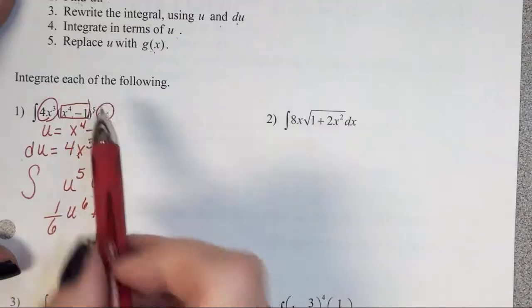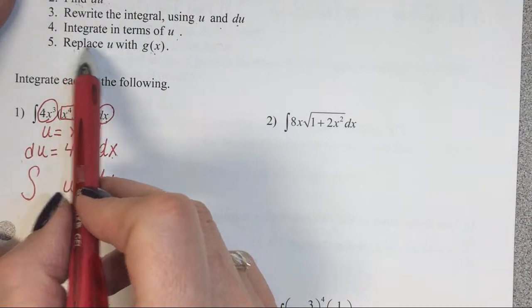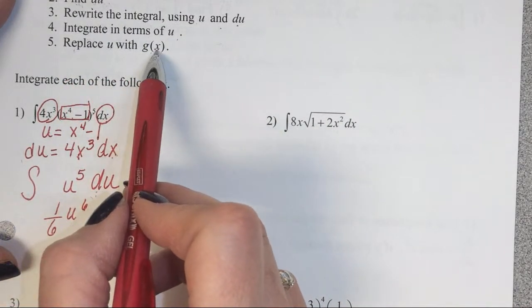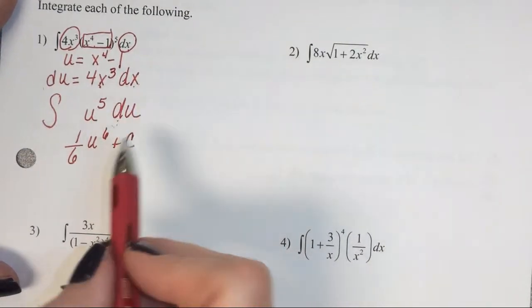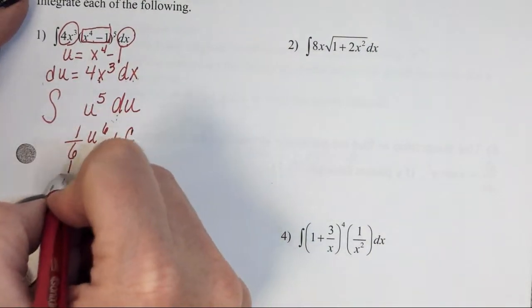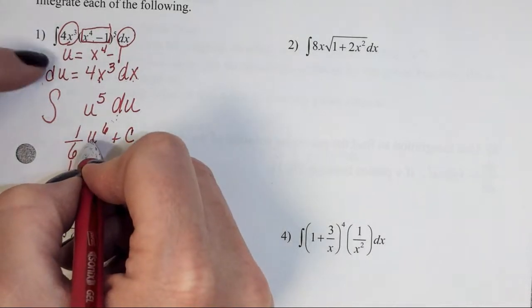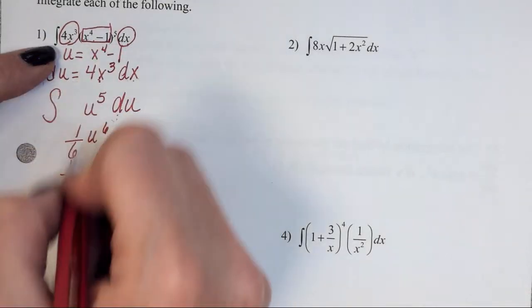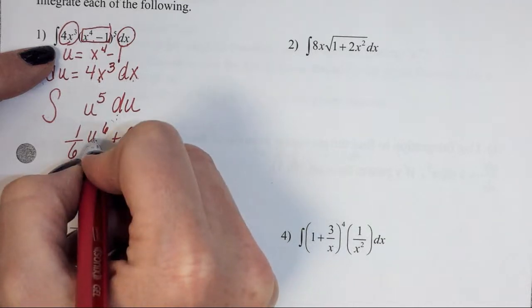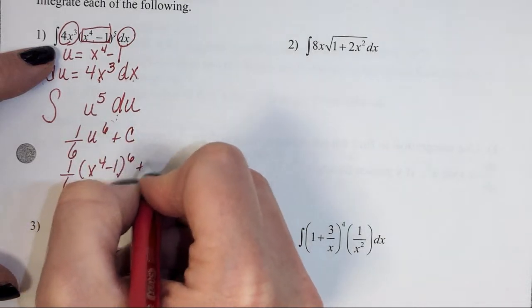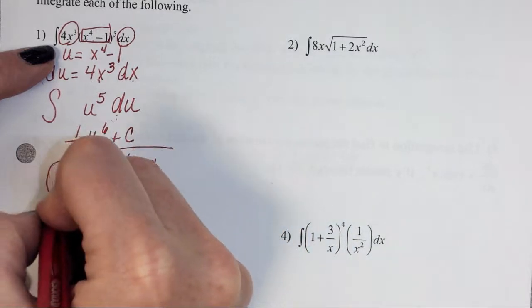But here's the thing, in this very last step, it says replace u with g of x. So that just means write it in terms of x now. So it's going to be 1/6. I look back at what u was in terms of x, and it was x to the fourth minus 1. That's what u was, to the sixth power plus c.